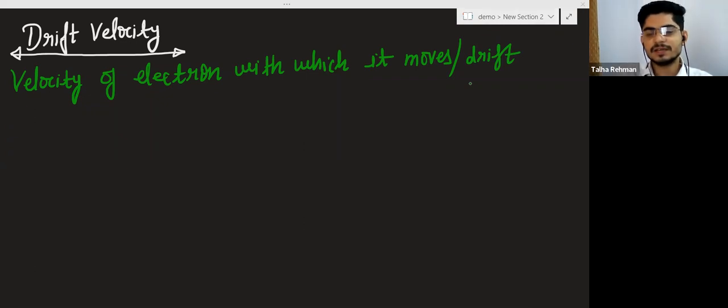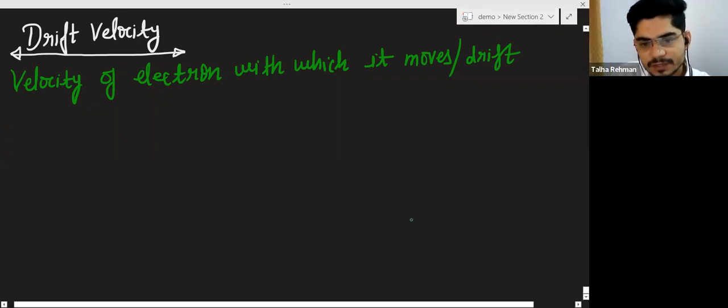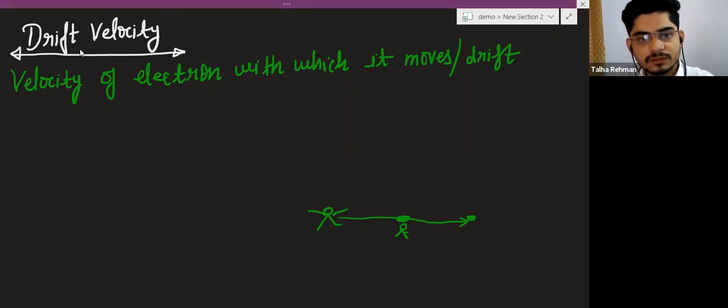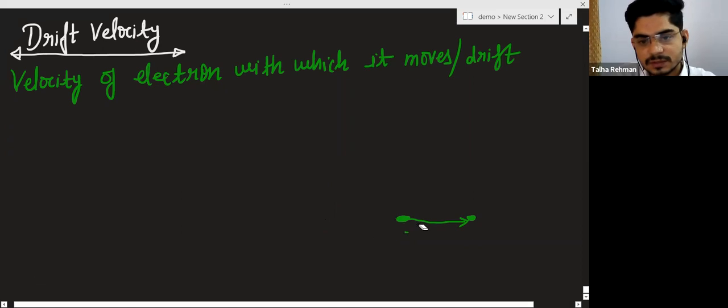Drift means, you can say, someone is moving like this. Suppose here is a person and there is some resistance in between, and the person moves from here to here, now here it stops, and from here it moves like this, means running with some hindrance. So actually this man is moving, but we can say this man is drifting. So drift is something like this.